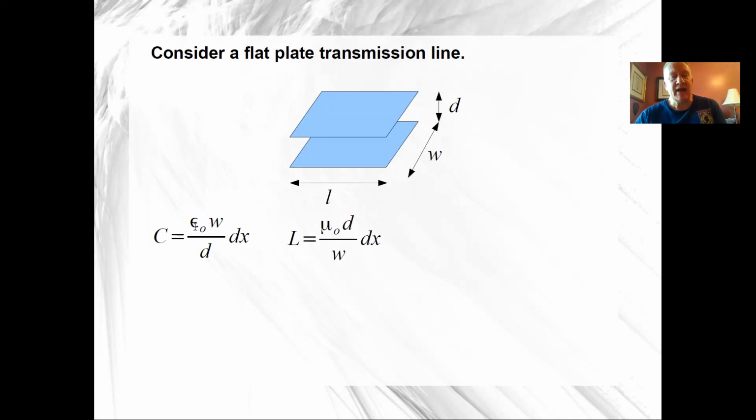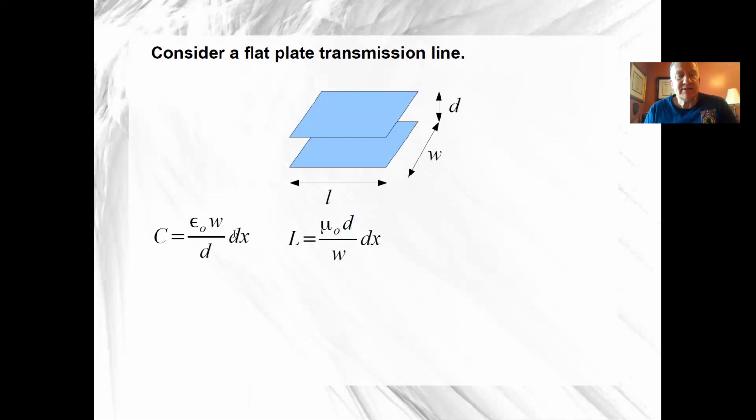Okay, and in this case, C is going to be equal to epsilon naught w, which is the width, and for the length, we're going to replace it with dx. So if you remember, for a parallel plate capacitor, the capacitance is equal to epsilon naught times the cross-sectional area of the plates, divided by the distance between the plates.